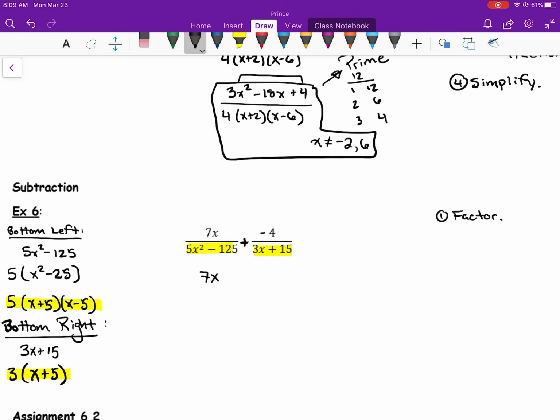Rewrite it. 7x divided by 5 times x plus 5, x minus 5, plus negative 4 over 3 times x plus 5. Boom. Factored, rewritten, ready to find our common denominators.